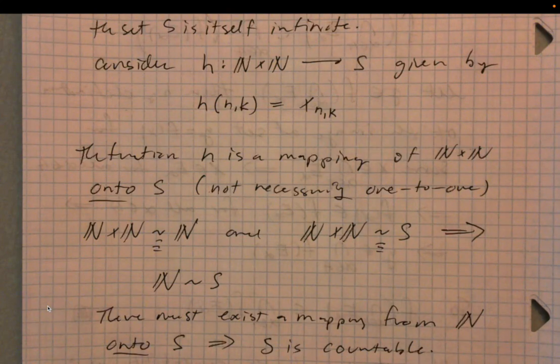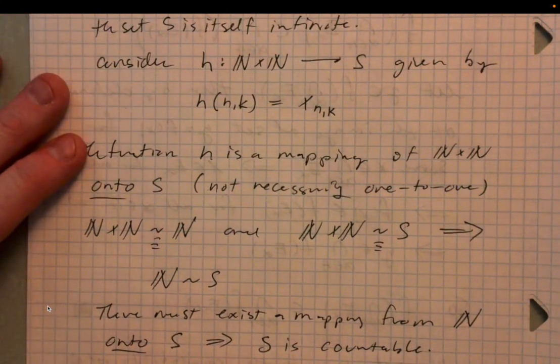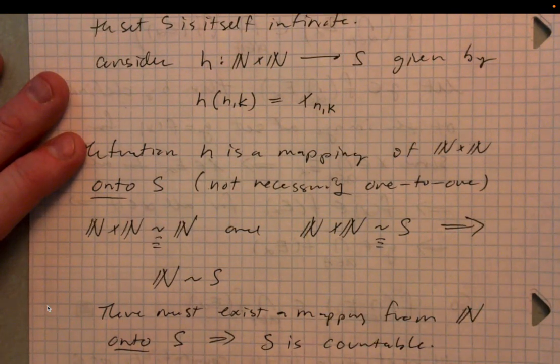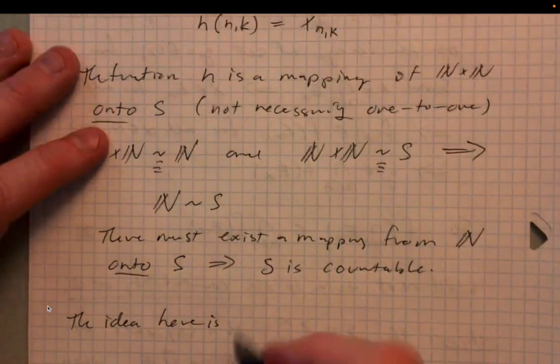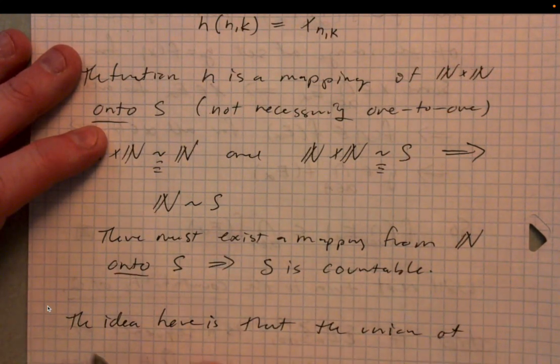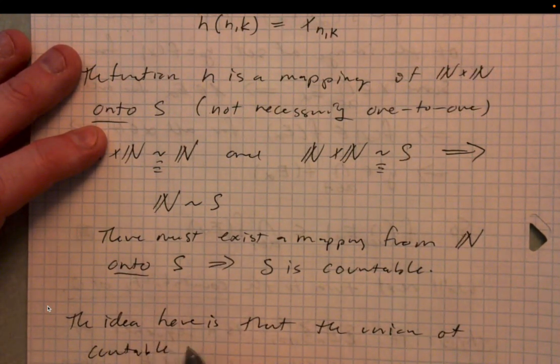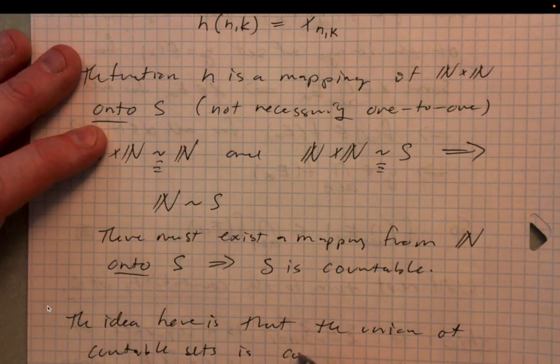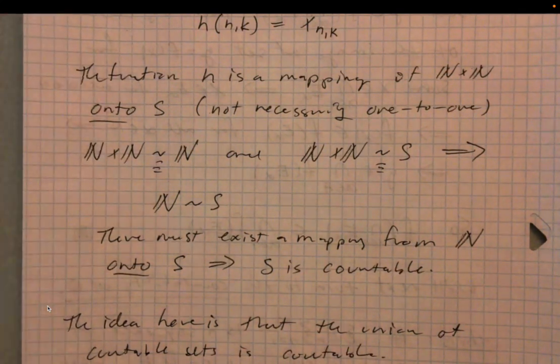So the union of countable sets is countable. That is basically the idea here. The idea here is that the union of countable sets is countable. Okay? All right.